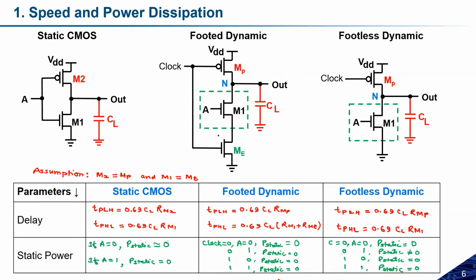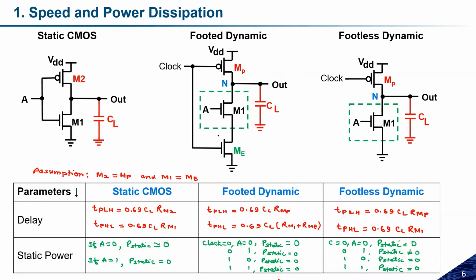Let me repeat what I'm saying. Suppose I'm considering the second case, and the number of inputs is increasing. This is going to happen for all the cases, but here the challenge is increased because MP is the only transistor which we can change in the pull-up network. So I only need to increase that transistor.